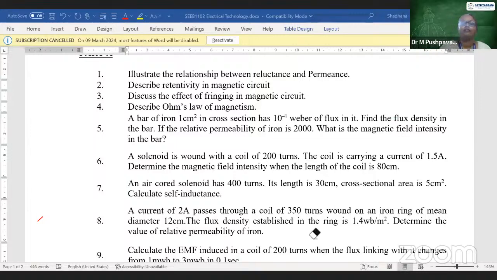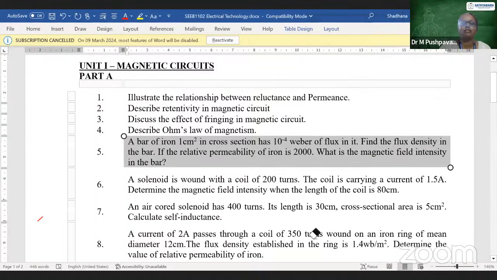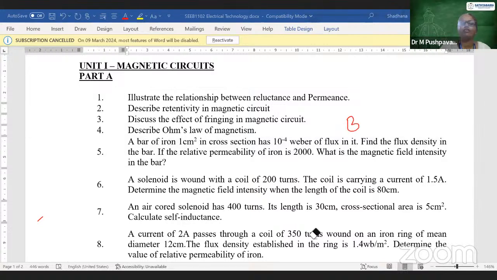So here, very simple, my B value is 1 Weber per meter square and my H value is nothing but 398 ampere turns per meter. Then do the sixth problem. A solenoid wound with a coil of 200 turns carrying a current.